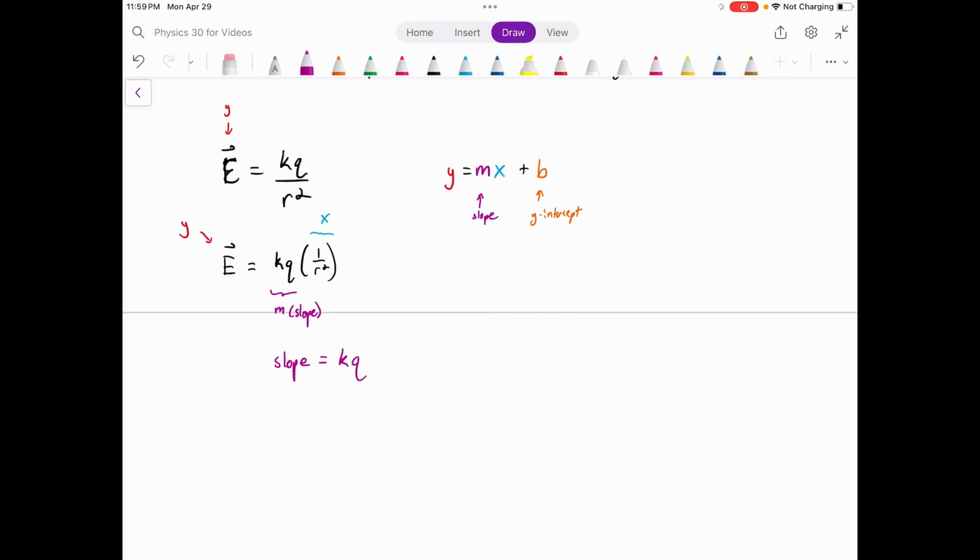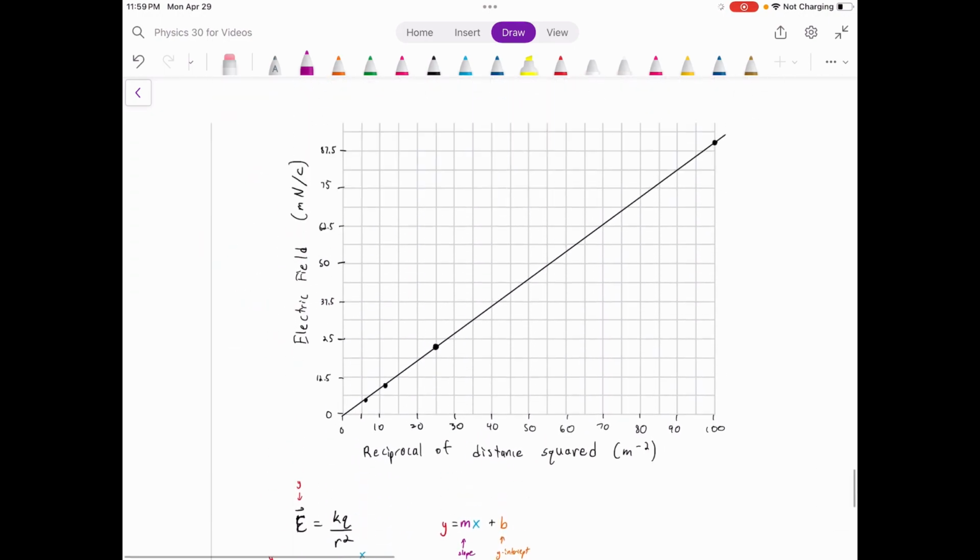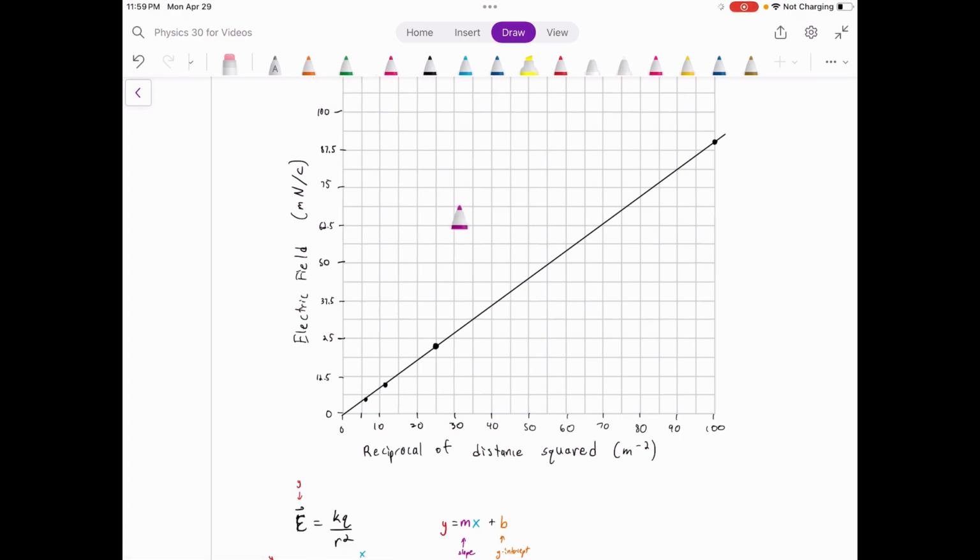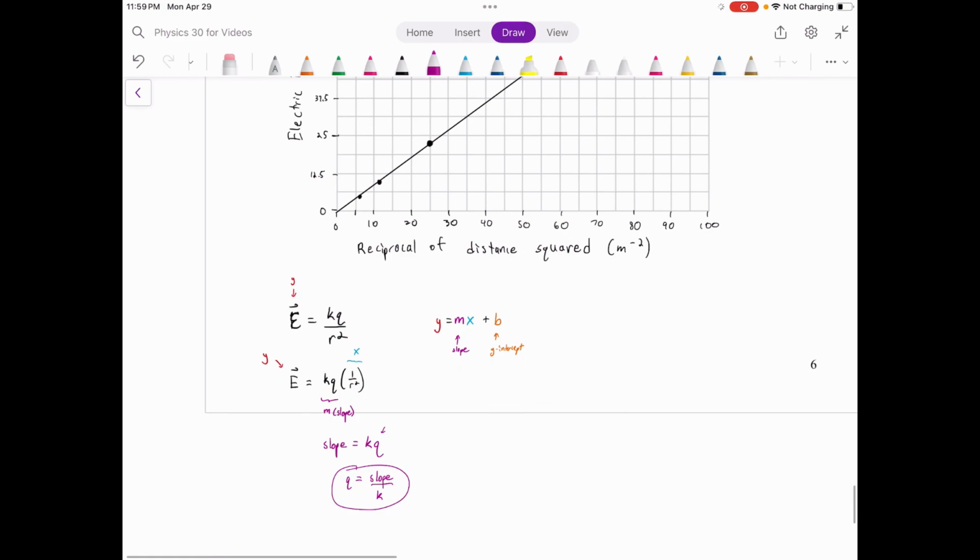It's a constant, right? Times q, and we're looking for q. So q would just be the slope divided by k. So if we can find the slope of this graph and then divide it by Coulomb's constant, 8.99 times 10 to the power of 9, right? We should be finding the charge on the Van de Graaff generator.